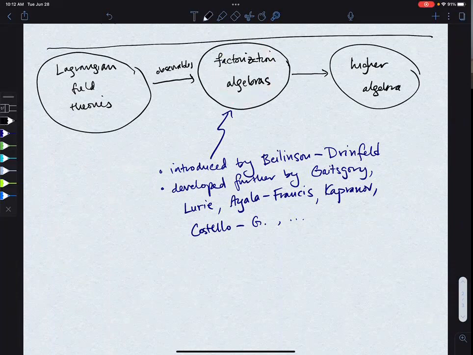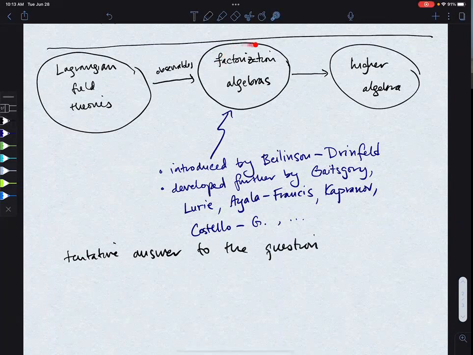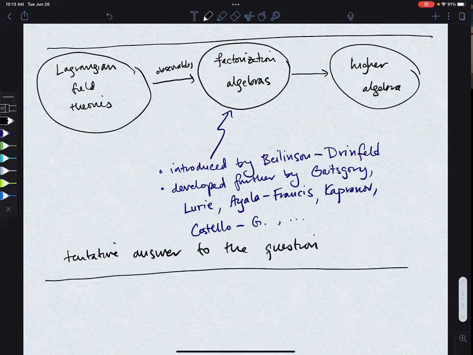Okay, so that's the first pass at the tentative answer to the question that there's a kind of higher algebra reflective of field theory, and then you can use fancy math tricks to get to other versions.